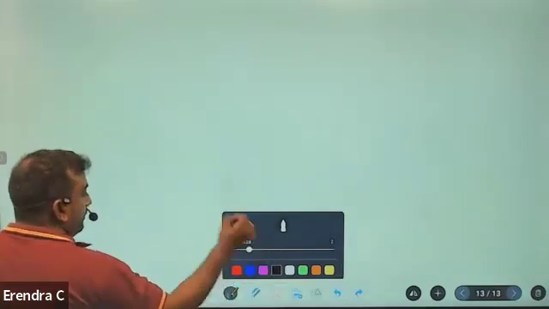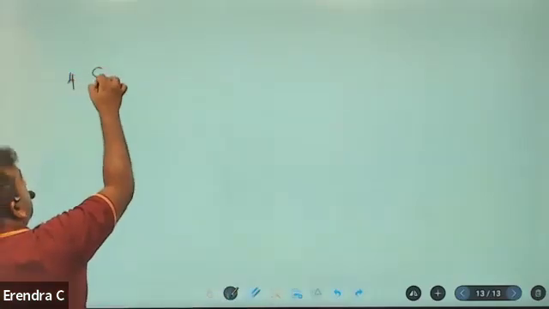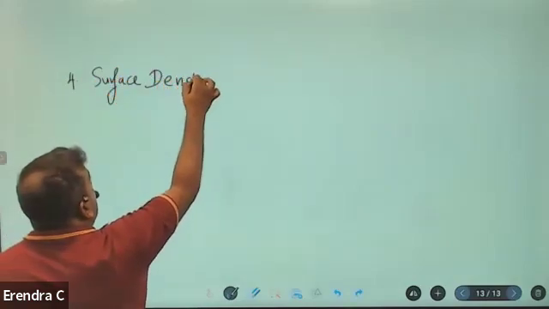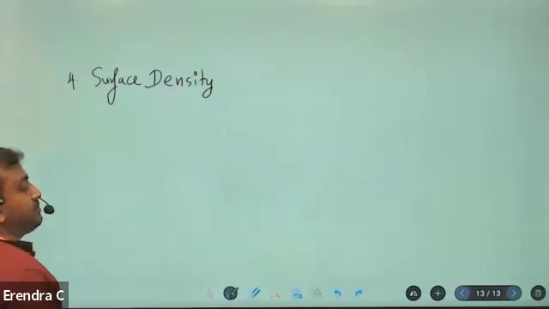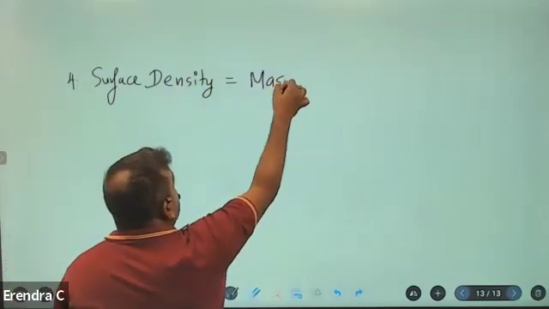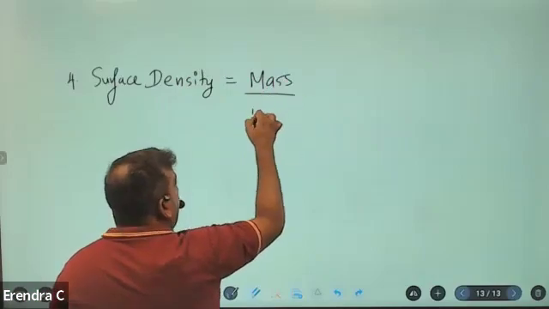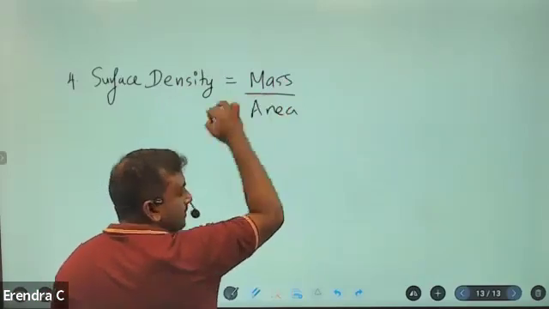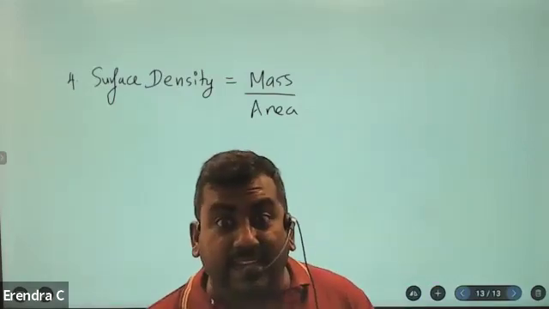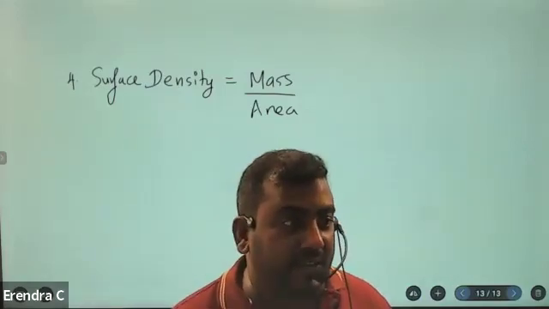Fourth one, surface density. Linear density is mass over length. Surface density, somebody can guess, mass over area. Very good. Mass, fundamental. Area, I can find using fundamental.